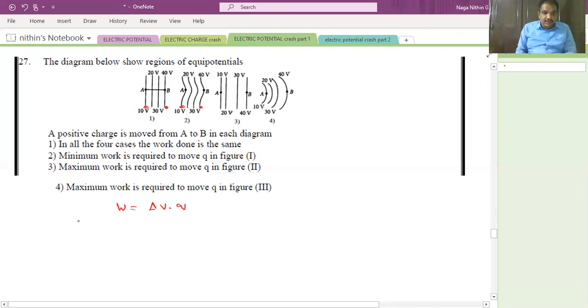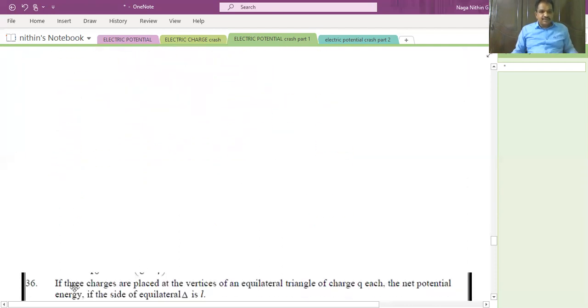So work will be the same, since delta V is the same in all, work is also the same. So the answer is that in all the 4 cases, work done will be the same. That is 27.